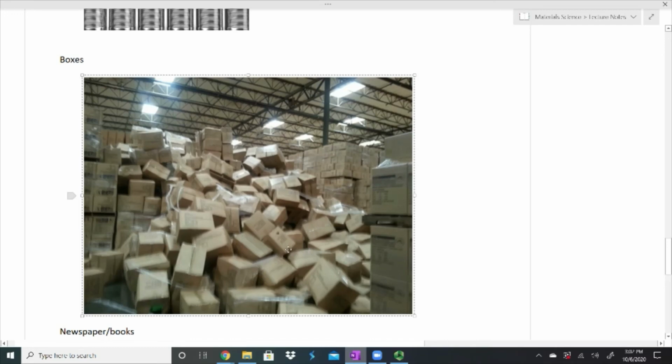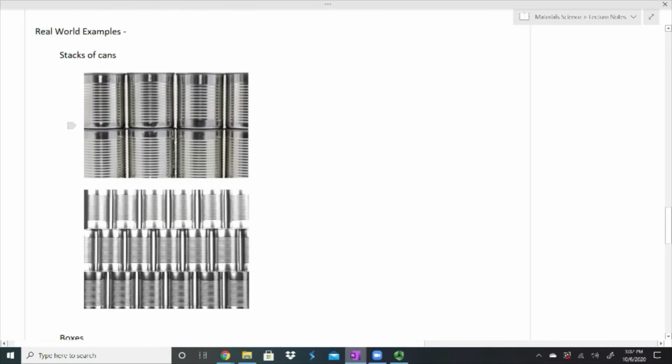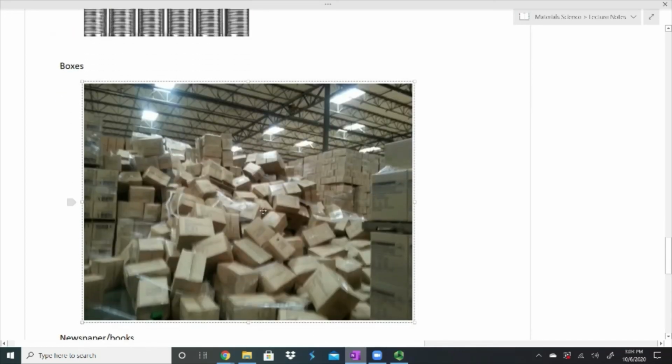Now, this mess of boxes in the middle, we can assume that the cans inside the boxes were all fit snugly and tightly, which means the cans inside the box are still organized. They're still stacked on top of each other. They still look like these cans on the top here inside the box, but the boxes are all oriented differently.